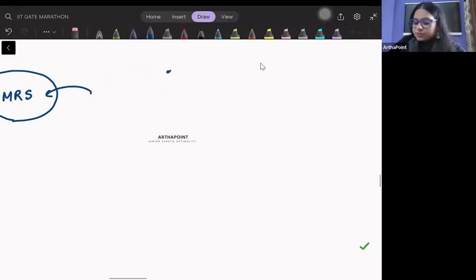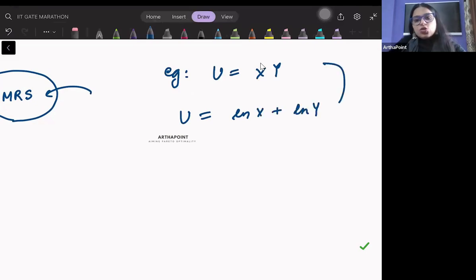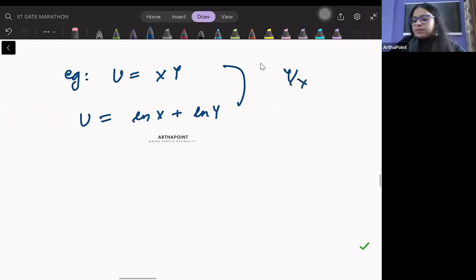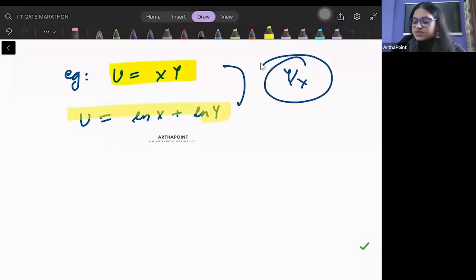Just for example, if you have your utility function xy, you have your utility function ln x plus ln y. In दोनों में ही MRS will come down to be y by x. So if two utility functions have same MRS, it means that one is a transformation of the other.